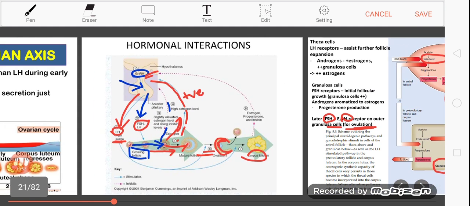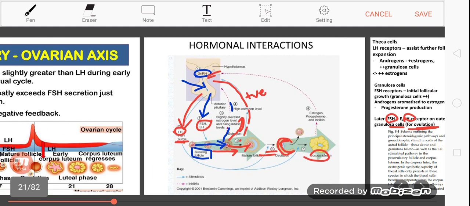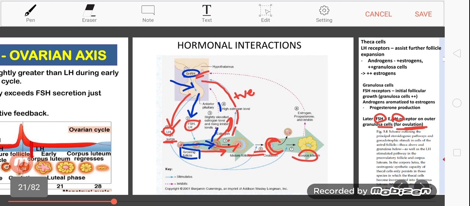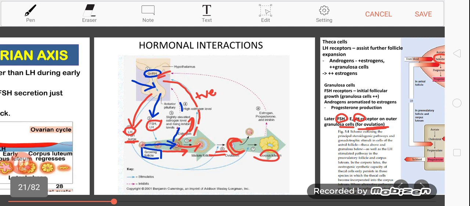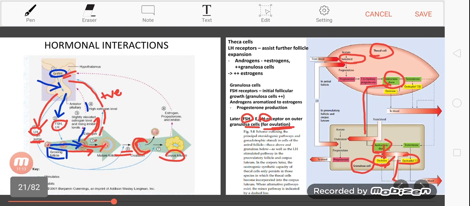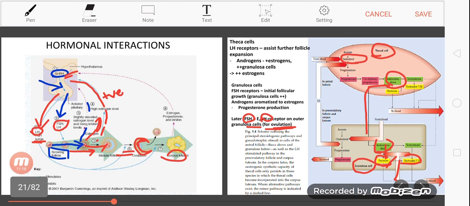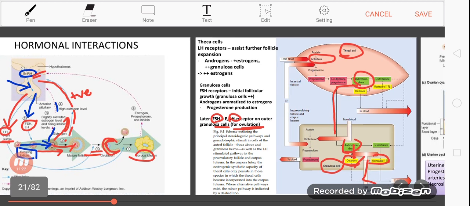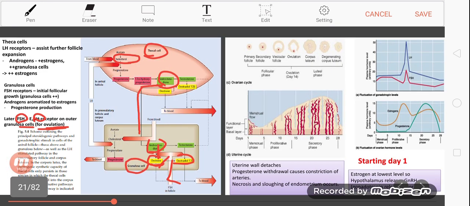So this is basically what happens in terms of hormonal regulation. When FSH and LH are present, they go to the ovary and stimulate certain cells. FSH stimulates granulosa cells. FSH binds to granulosa cells and initiates follicle development. As follicles develop into mature follicles with increased granulosa cells, it causes production of higher estrogens.